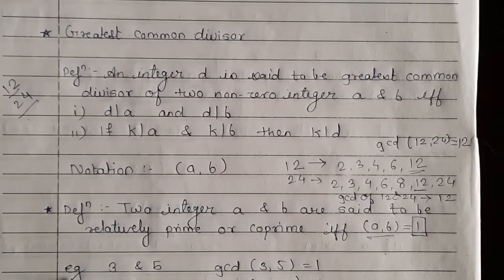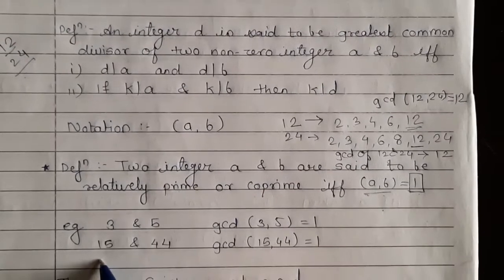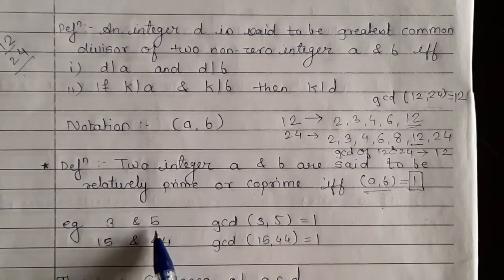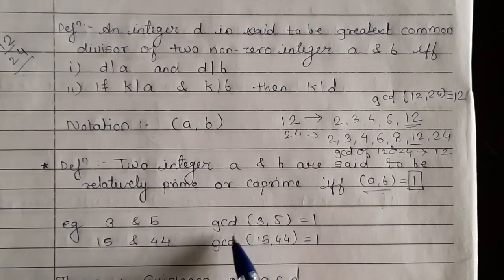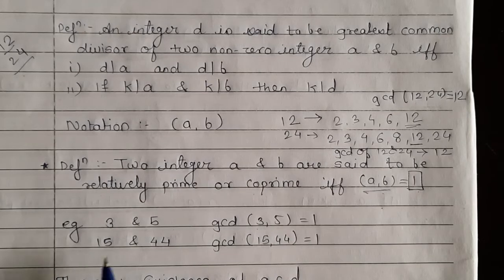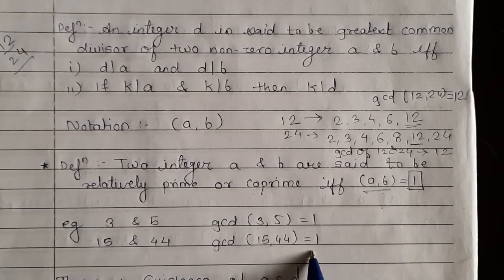Here we have some examples. Suppose a is 3 and b is 5, so the GCD of 3 and 5 is equal to 1. Also we have here 15 and 44. If you take the GCD of these two numbers, we get 1 as the GCD.